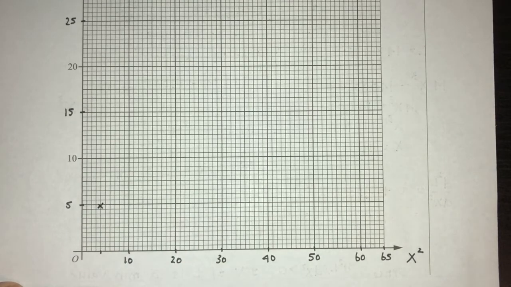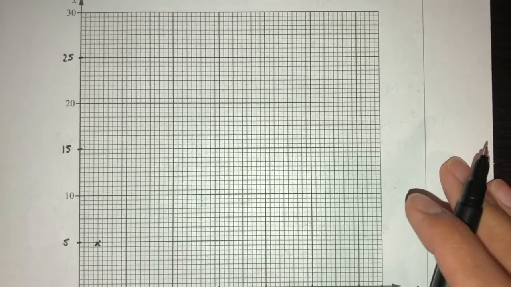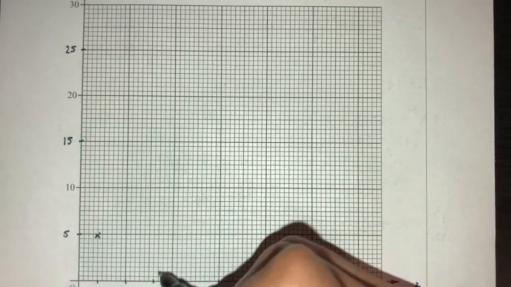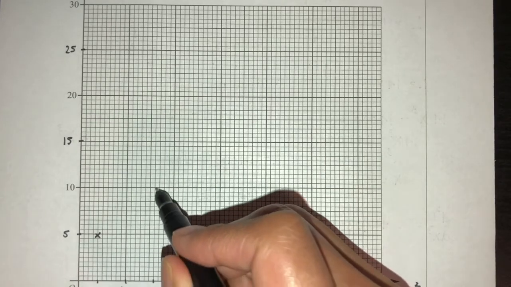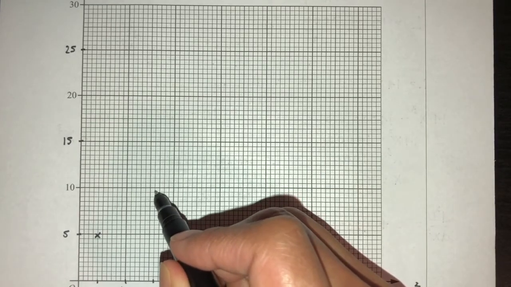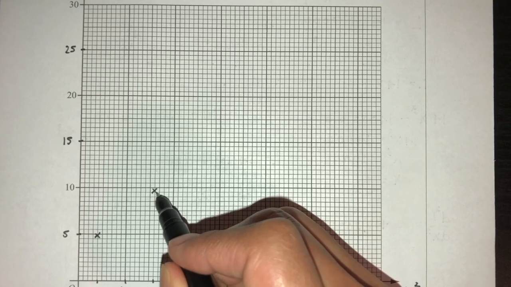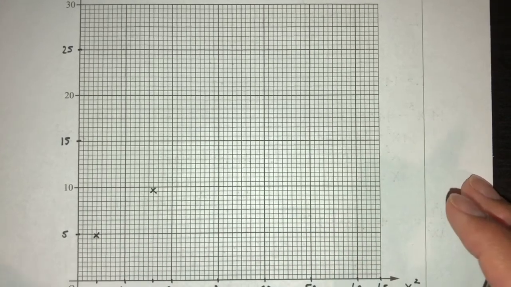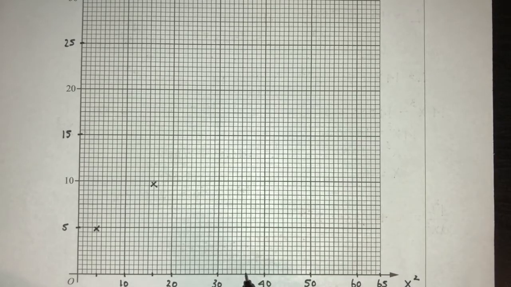Then we have 16, 9.6. 16 will be this one. And where's 9.6? Here we have 10, so that will be 9, 9.5, 9.6 will be about here. Next one is 36, 17.5. 36 will be this one.